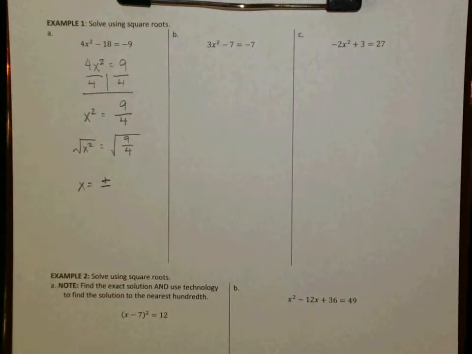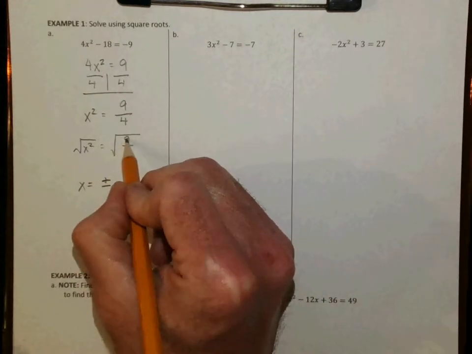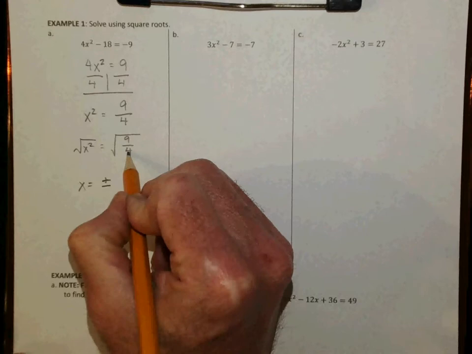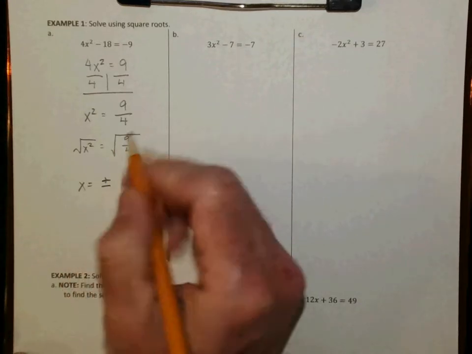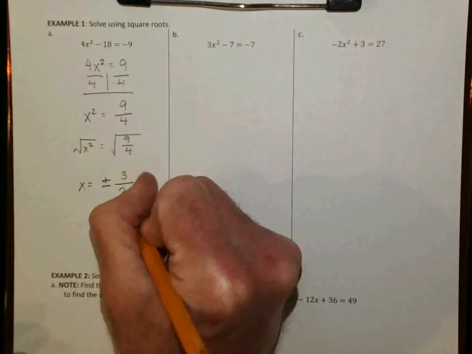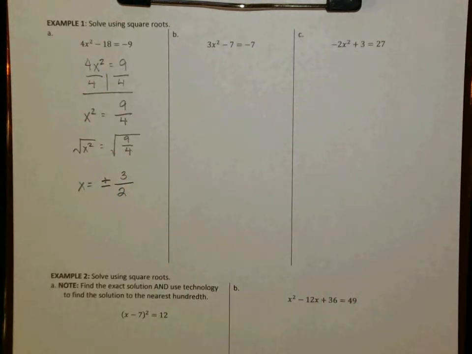Now if you remember, the square root is actually a 1/2 exponent. So I can apply the square root to the numerator and apply the square root to the denominator separately. The square root of 9 is 3. The square root of 4 is 2, so x is equal to plus or minus 3/2.